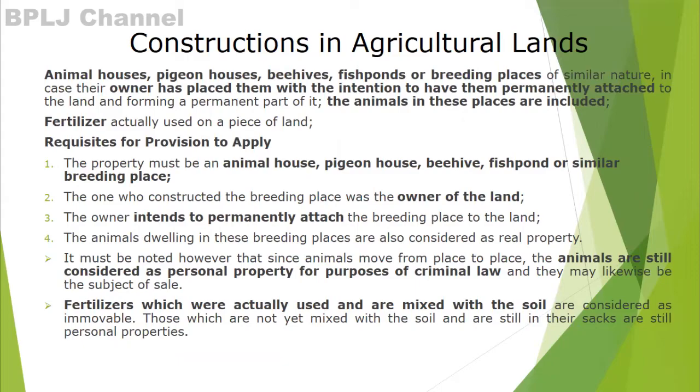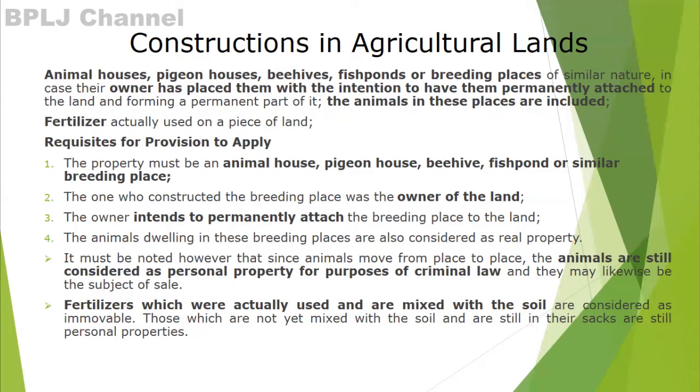Okay, and these are the breeding places of animals: pigeon houses, beehives, fish ponds, and other breeding places. The animals are also included if they are inside these breeding places. What are the requirements for this provision to apply?